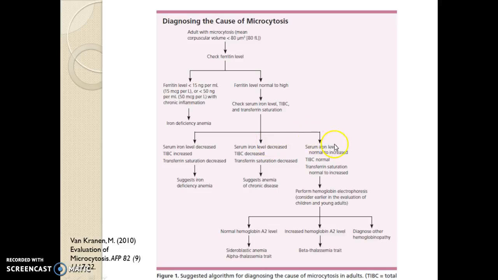So if the serum iron level is normal, the TIBC is normal, and the transferrin SAT is normal, then we're going to look at the hemoglobin electrophoresis, which we consider earlier in children and young adults, because we're looking at some of the inheritable disorders, which are going to be discussed in the student presentation.